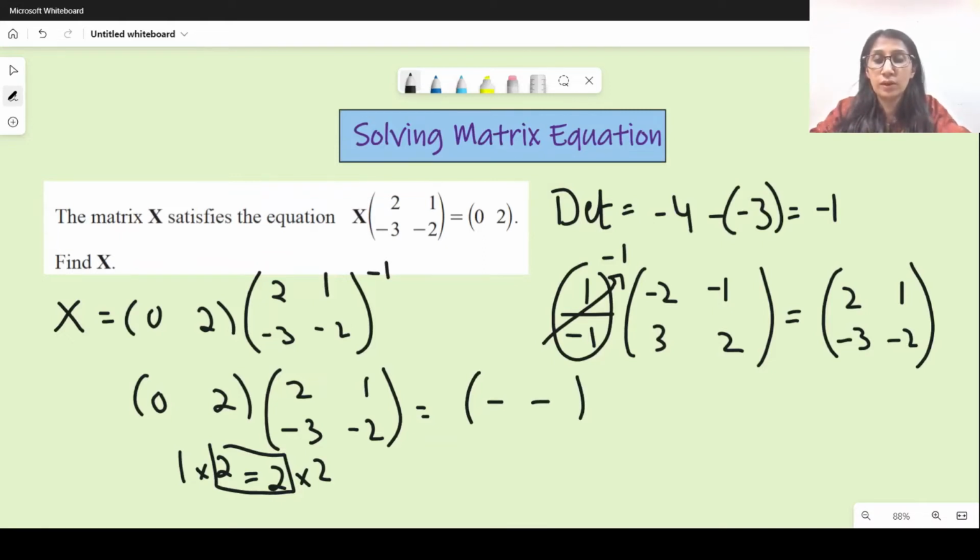So the first one will be this times this. That's going to be 0 times 2 plus 2 times -3. So we get a -6 here.